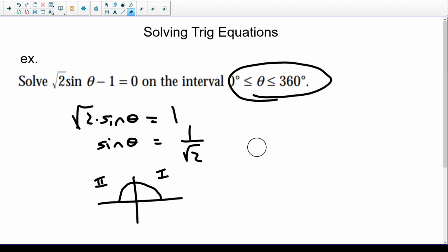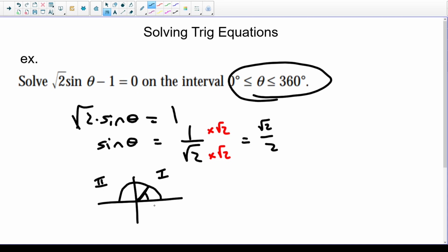Now, 1 over root 2 is not technically in the right format. That should be rationalized. So you may not be recognizing it yet. I'm hoping you do, though. But this is root 2 over 2. And when sine theta is equal to root 2 over 2, there's a very special angle that happens at, and I'm hoping that you all remember what angle that is.